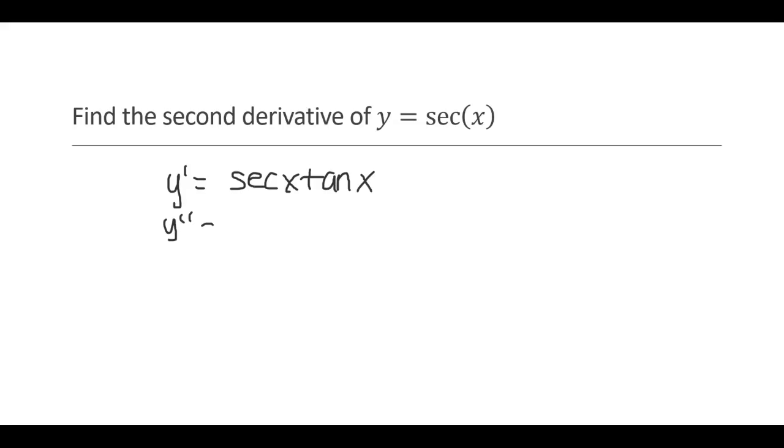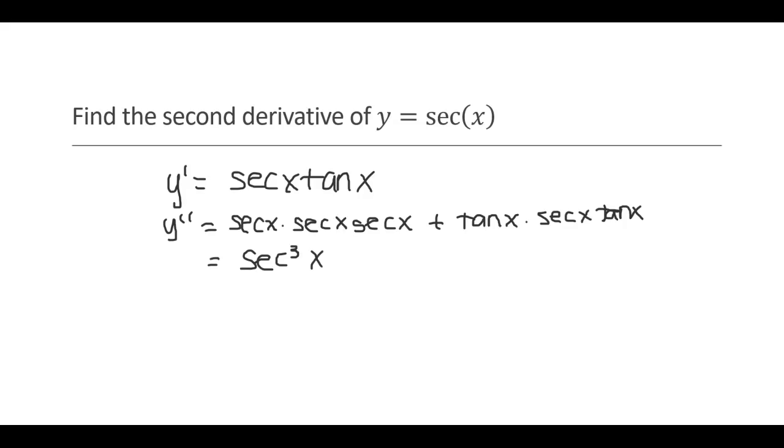The second derivative is now a product rule. So it's the first times derivative of the second plus the second times derivative of the first, and then that gives me secant cubed x plus tan squared x secant x.